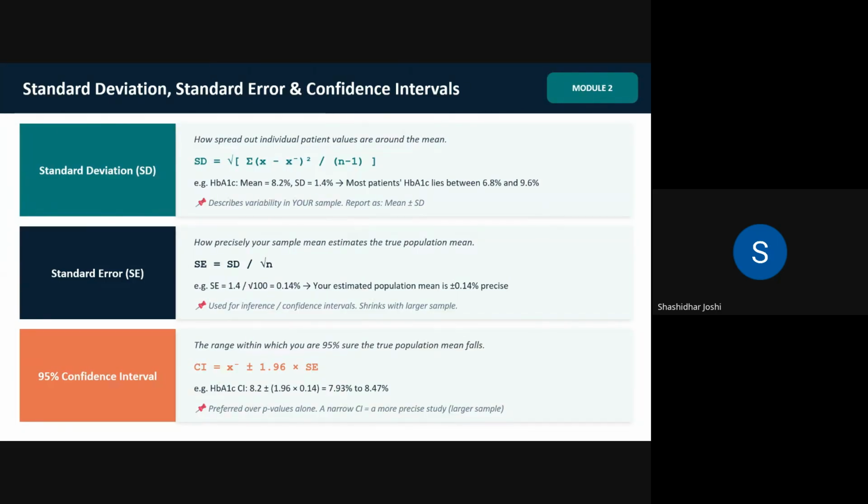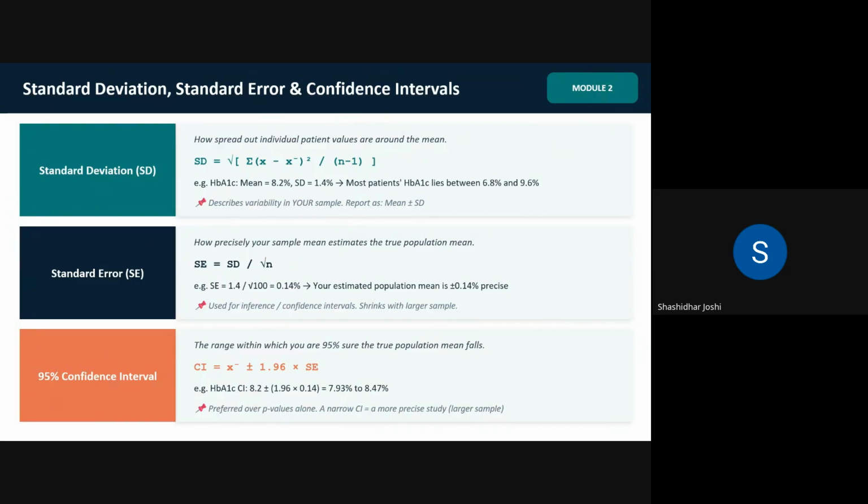Okay, and then comes standard error. Standard error is a way of addressing, if you remember yesterday I told you this concept, generalizability. If your sample is a true representation of your population, how do you ensure that you're not committing error in estimating your population parameter?